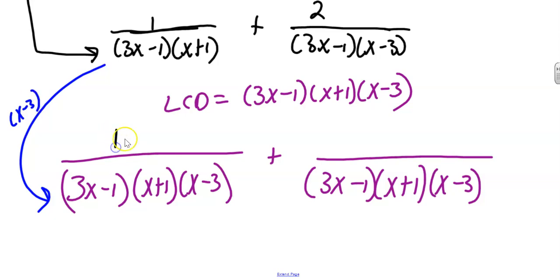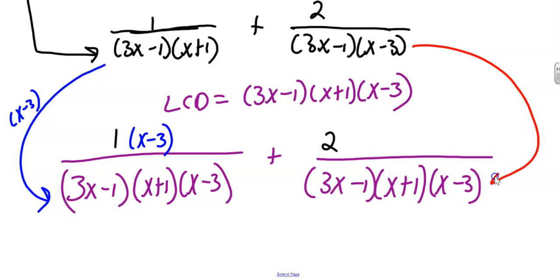So we do the same thing here. We're going to take the 1 that we had and multiply it by x minus 3. Over here we had the 2. We've got everything. We put in the extra x plus 1 on the bottom. So if we put that x plus 1 on the bottom, we've got to multiply by that x plus 1 on the top.